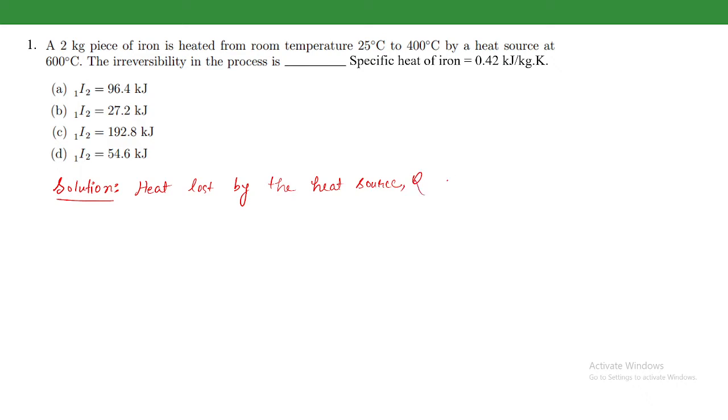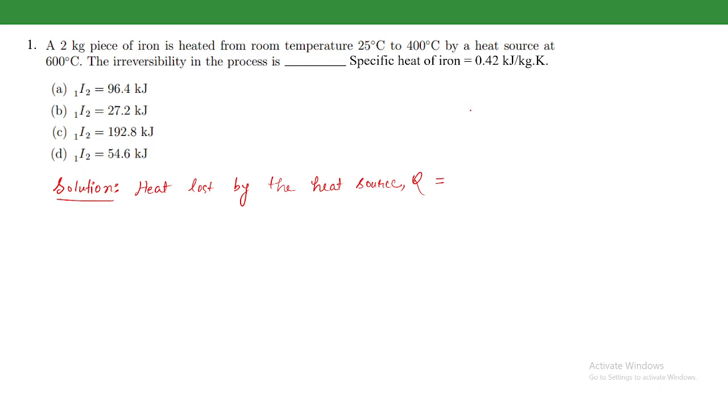Let us denote it with Q. This will be the heat gained by the piece of iron. We are not considering any other losses to the surroundings, so whatever heat is being supplied by the heat source is being taken away by the iron.